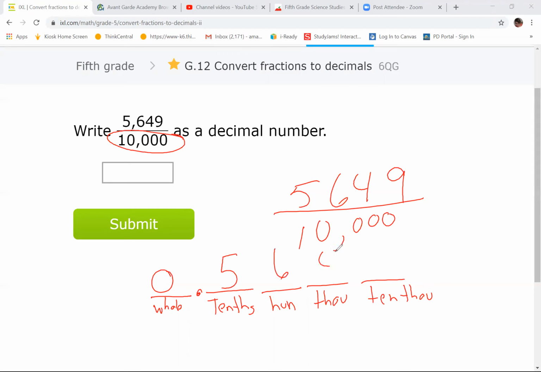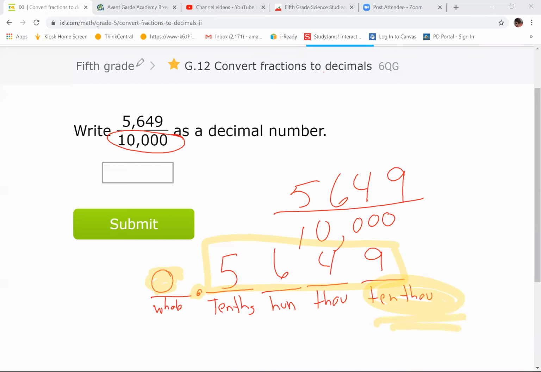5, 6, 4, 9. So how would we say this number? We would say it is 5,649 10 thousandths. 0, we can even say 0 and 5,649 10 thousandths.